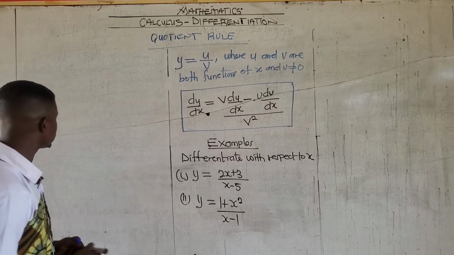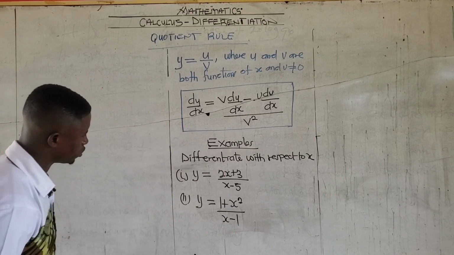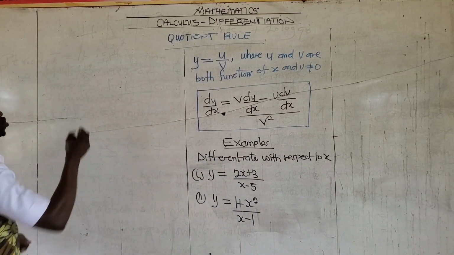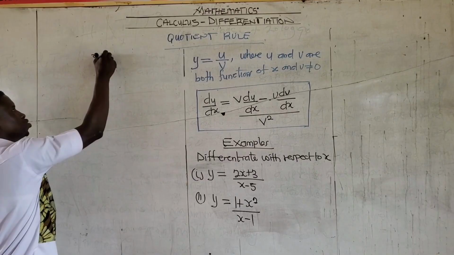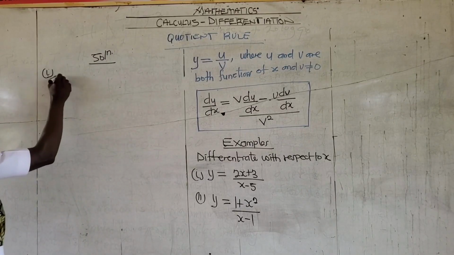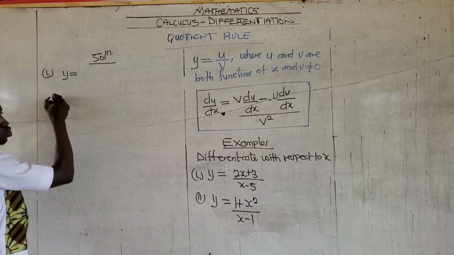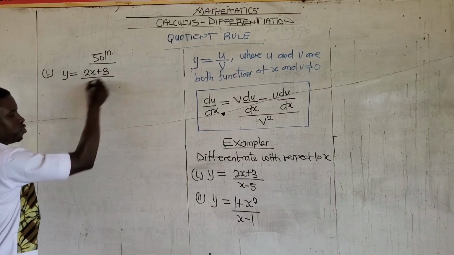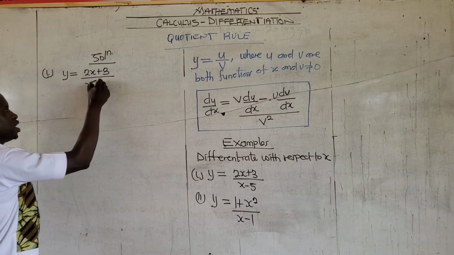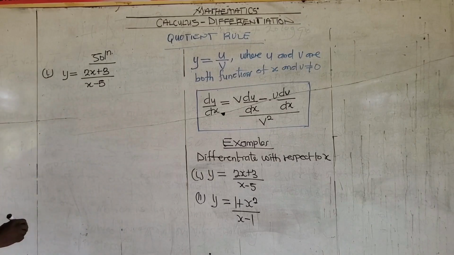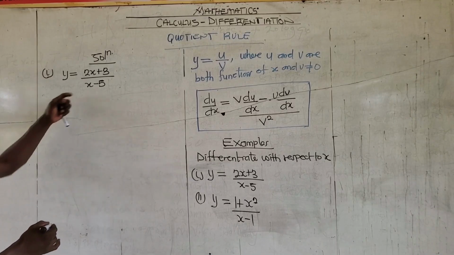All right, let's look at the first one. Let's look at the solution. With the first question, we are given y is equal to 2x plus 3, all divided by x minus 5, and we have been tasked to differentiate this expression.